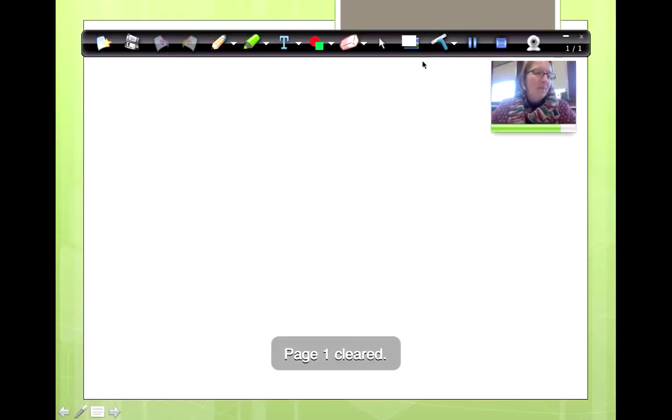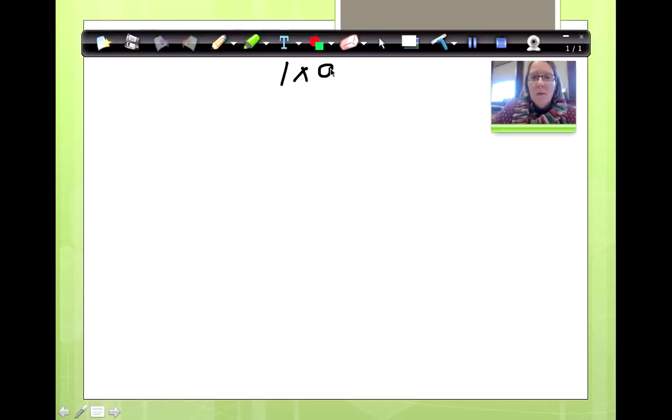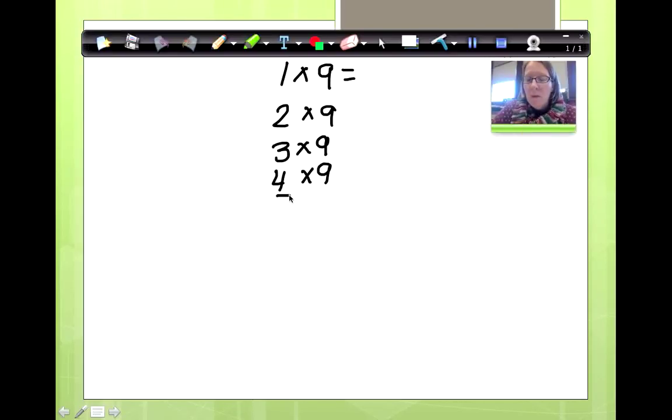Okay, moving on. Now, let's look for some other patterns of multiplication. Okay, so I would like to look at 1 times 9, 2 times 9, 3 times 9. I want to go all the way.